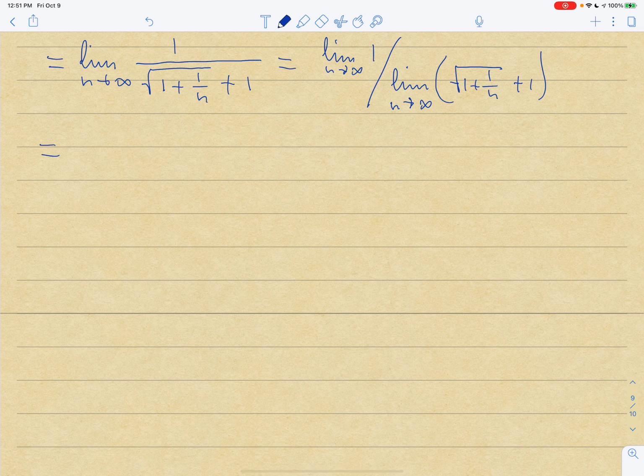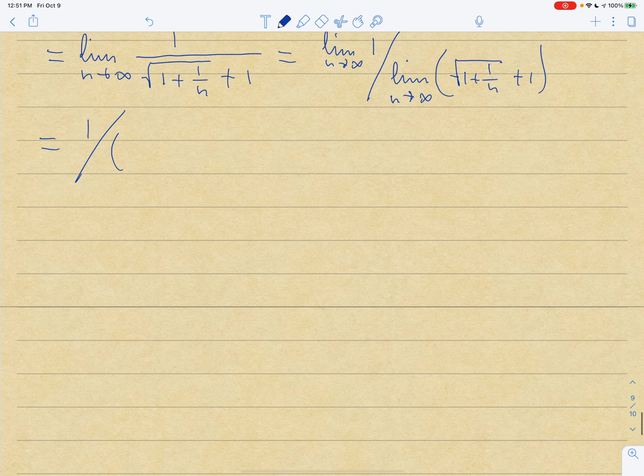The limit of 1 is 1. And what do I have in the bottom? The limit of the sum is a sum of limits. So limit n goes to infinity of square root of 1 plus 1 over n, plus a limit n goes to infinity of 1.